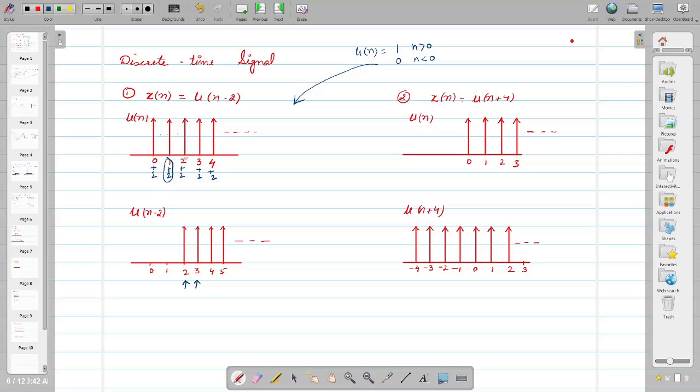It is 2 plus 2, so point is located at 4. It is 3 plus 2, the point is located at 5. It is 4 plus 2, the point is located at 6. So for your convenience, we can represent it here also. So this is calculation of un -2, and now it is un plus 4.